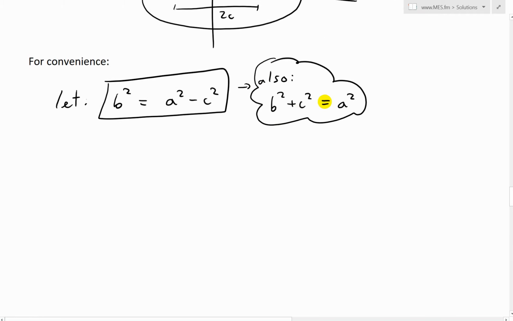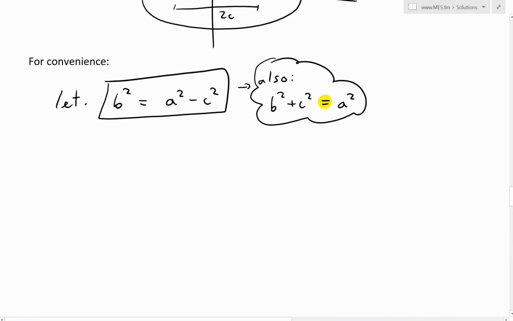Now we can find the x-intercepts, those points on the x-axis, by setting y equal to 0. So x squared over a squared plus 0 equals 1. We rearrange this: x squared equals a squared.